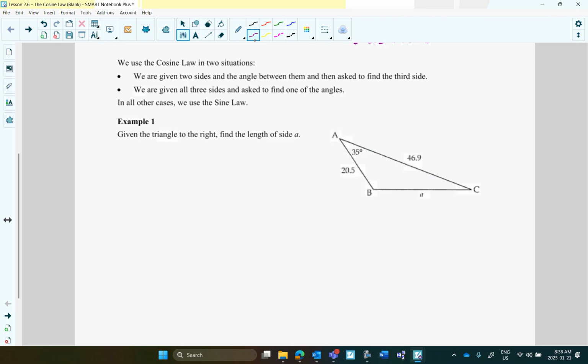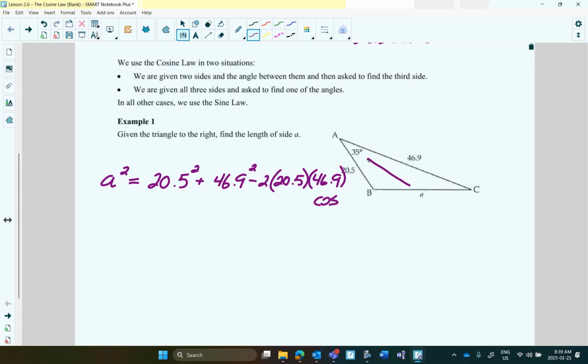So we're given capital A, we're trying to find little a. So little a squared will equal the other two sides squared added together. So 20.5 squared plus 46.9 squared minus 2 times those sides multiplied together, times the cos of the angle that's opposite the side we're trying to find, which is 35 degrees.